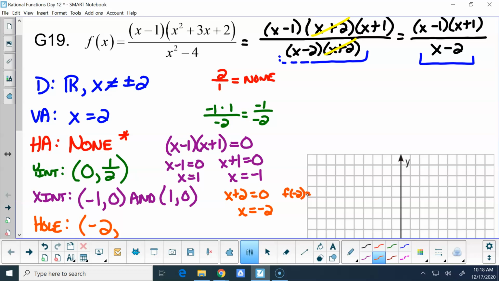So that would be negative 2 minus 1 is negative 3. Negative 2 plus 1 is negative 1. Negative 2 minus 2 is negative 4. So that's going to be positive 3 over negative 4, so that's going to be at negative 3/4. Okay.